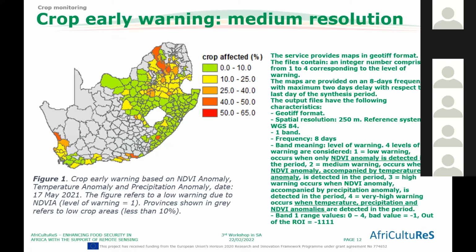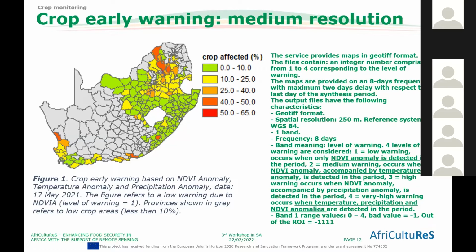So you can proceed. Okay, this is the early warning, another product that we are producing, this crop early warning. Also in this case, we have the product at medium resolution that is based on 250 meters, then on the data coming from VIIRS and MODIS images.